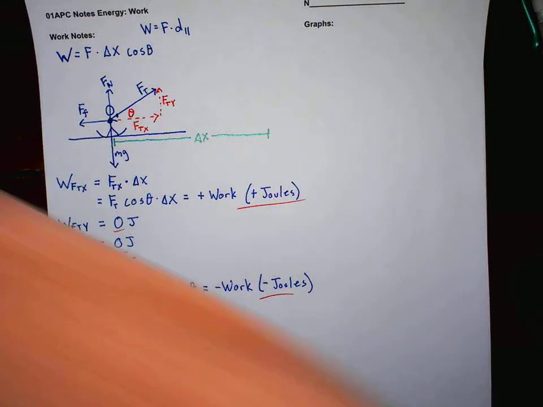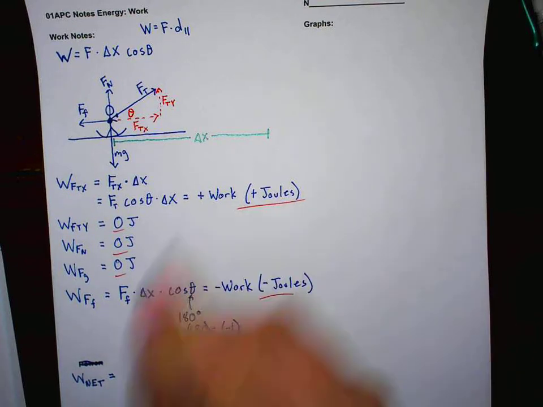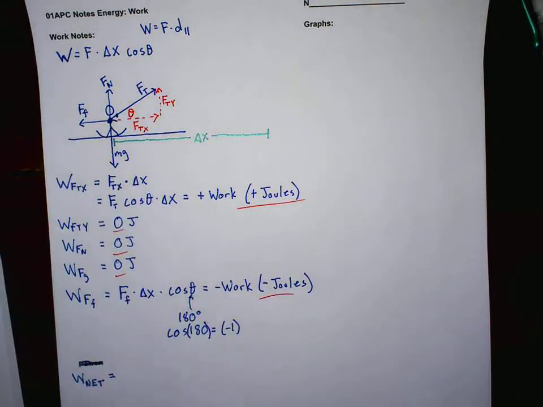I'm going to cross that out and move that down. Work net is equal to the sum of all of these joules right here, and we could plug that in right here. What we like to do with that is set it equal to the change in kinetic energy.